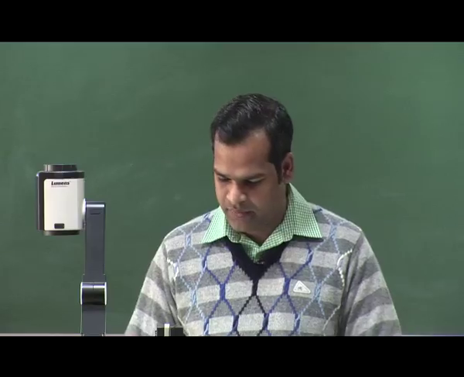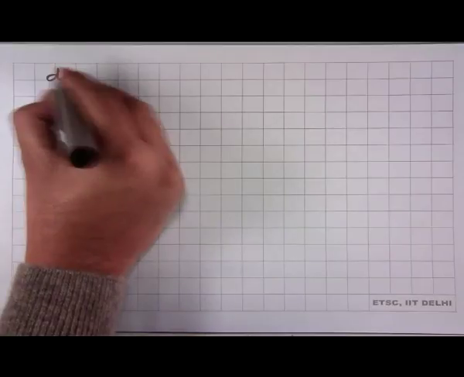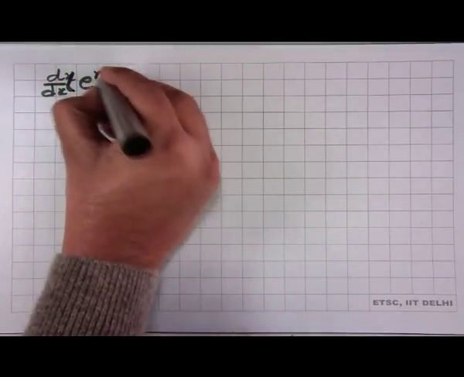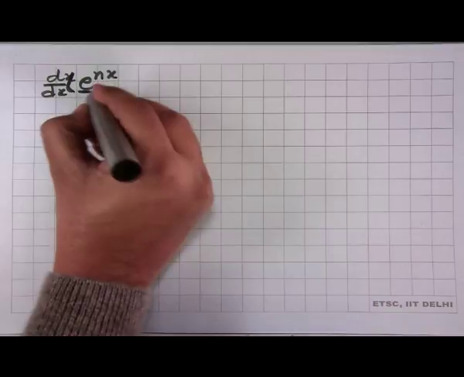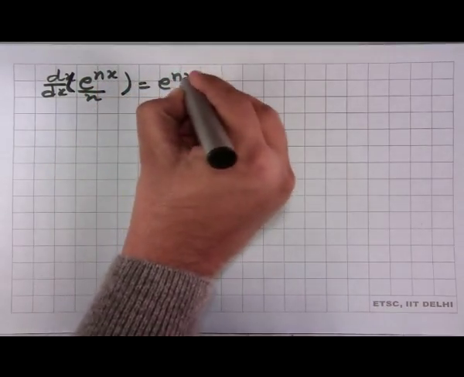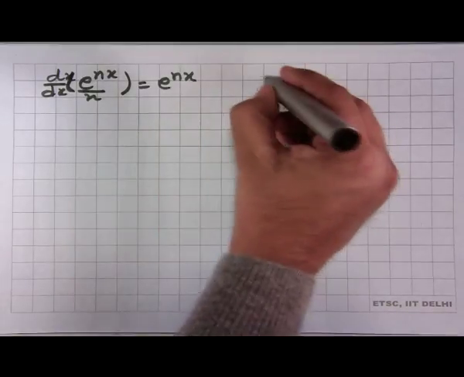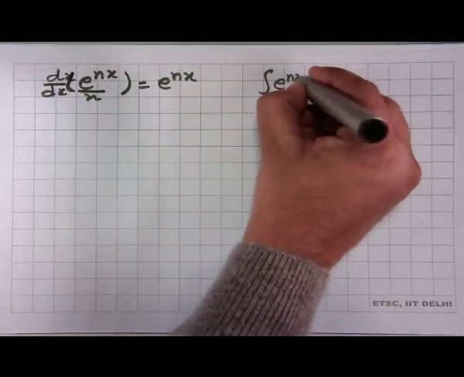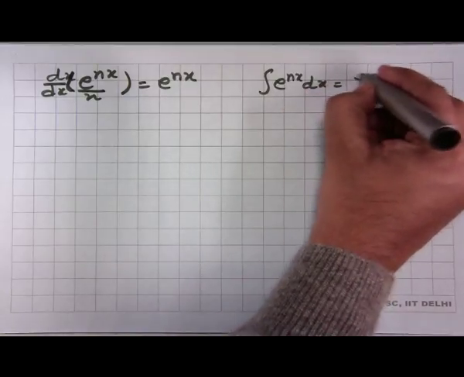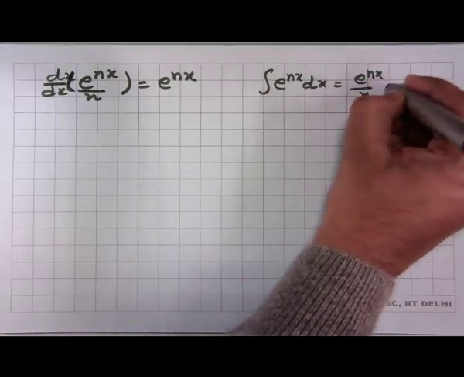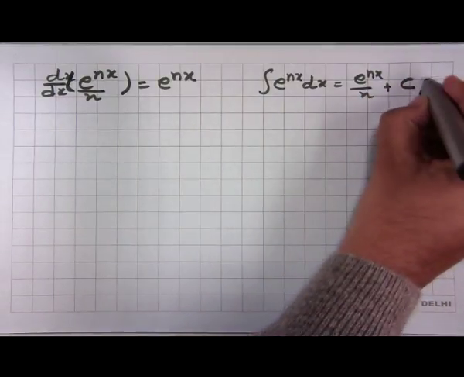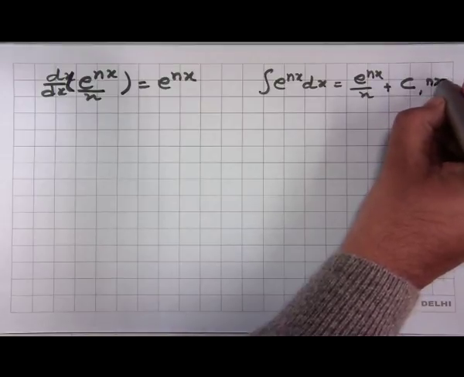In fact, we can write that d by dx of e raised to power nx divided by n as e raised to power nx for n bigger than 0. So, that integral of e raised to power nx dx is same as e raised to power nx divided by n plus a constant for n bigger than 0, or rather n not equals to 0.